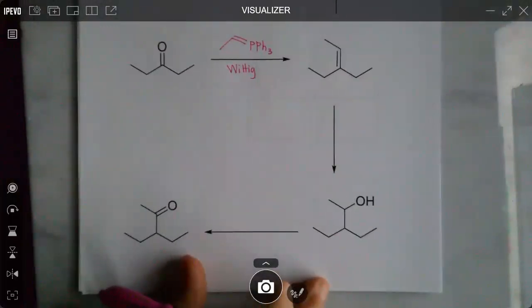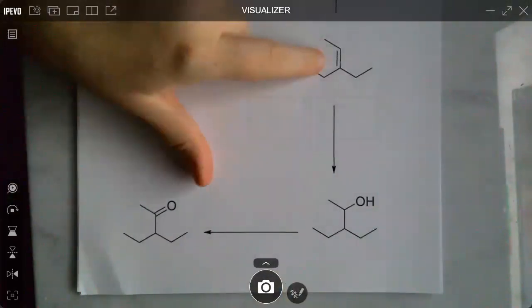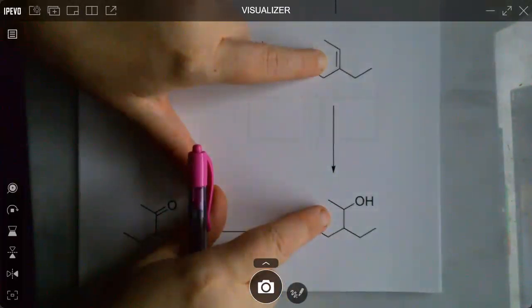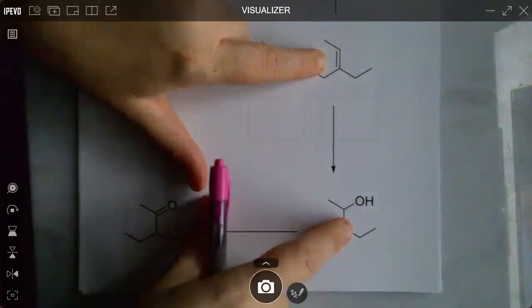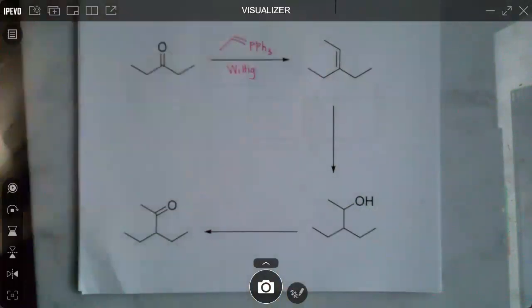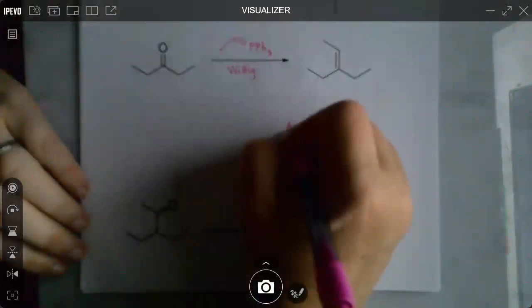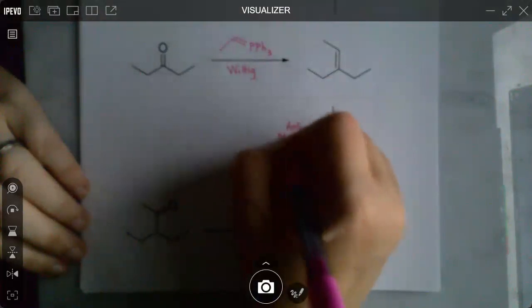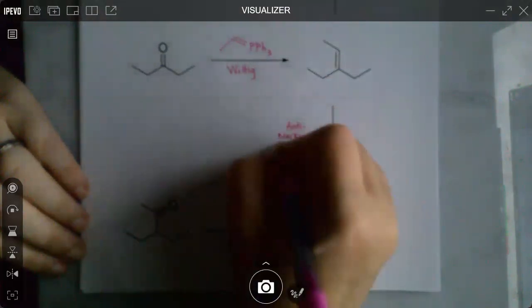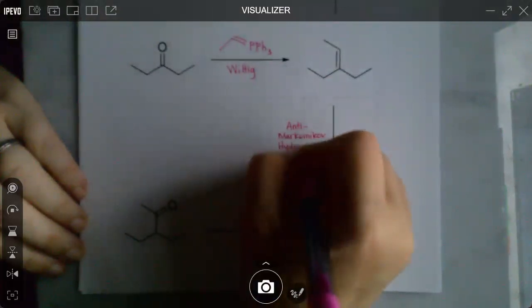Moving down here from the alkene, we're doing a hydration reaction because we're adding OH and H. So there's a hydrogen that gets added here, and then the OH that gets added here. So this is an anti-Markovnikov hydration reaction.